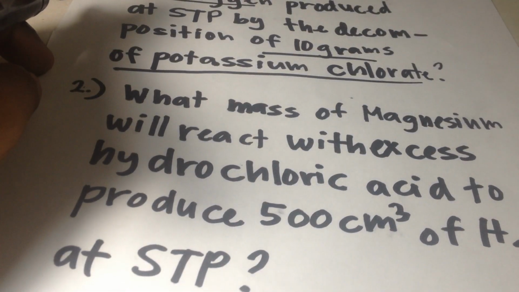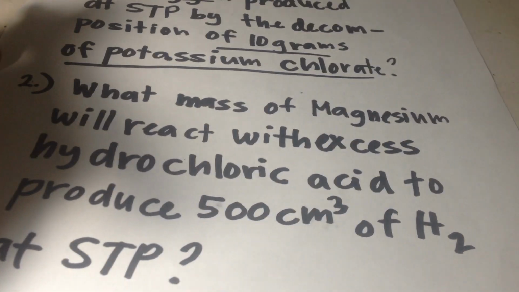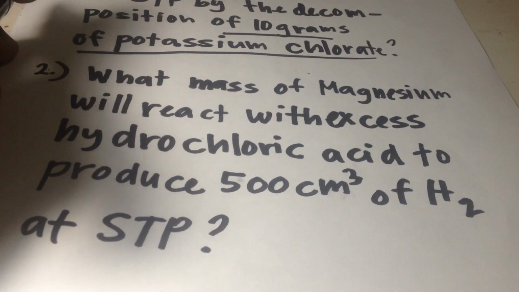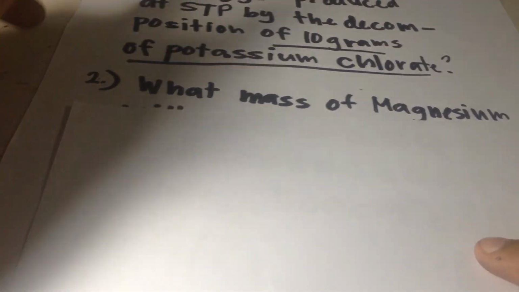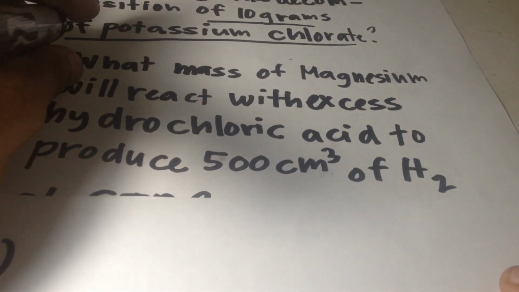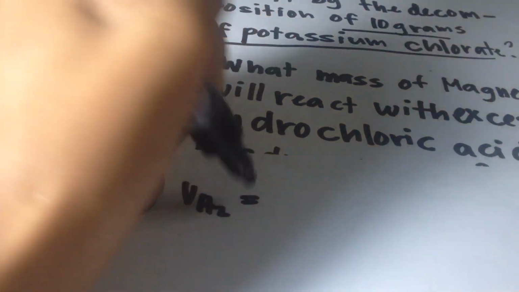In problem number 2, what mass of magnesium will react with excess hydrochloric acid to produce 500 cubic centimeters of hydrogen gas at STP? Here we have 500 cubic centimeters of hydrogen gas, so the volume of hydrogen gas is 500 cubic centimeters.